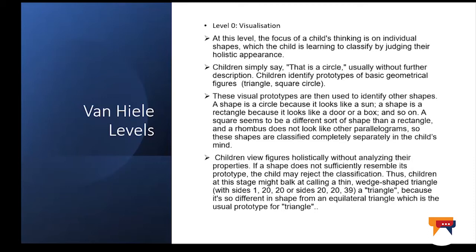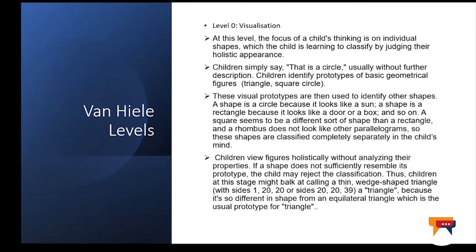For instance, children might say, this is a circle, this is a square, or this is a triangle, usually without further description. This means that children identify prototypes of basic geometrical figures. These visual prototypes are then used to identify other shapes.